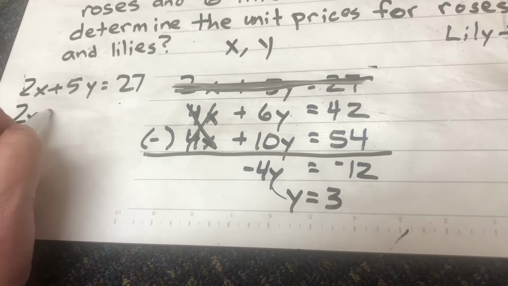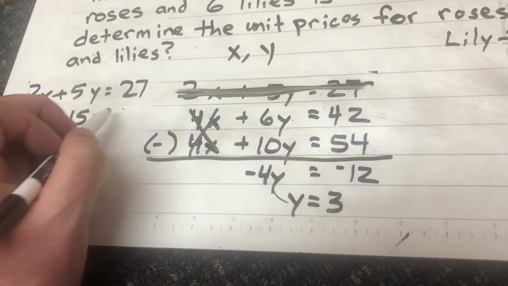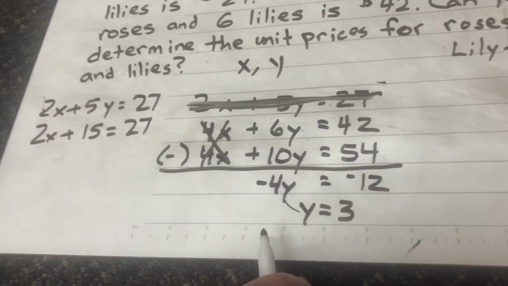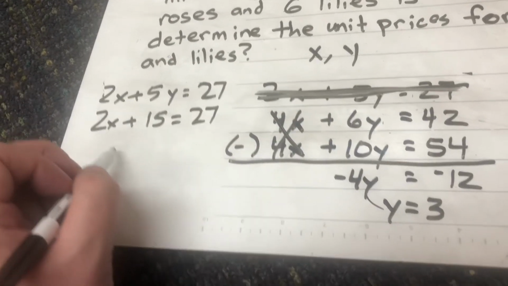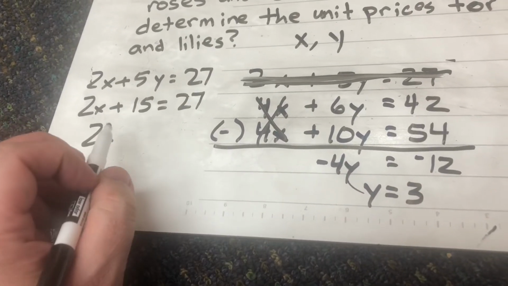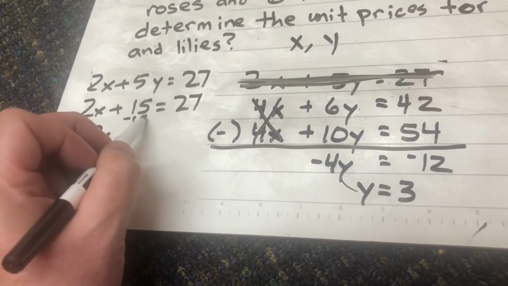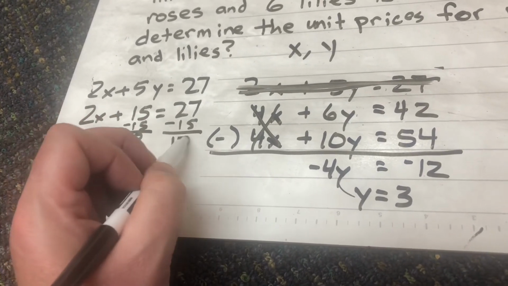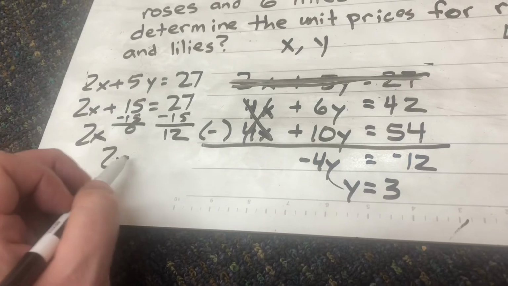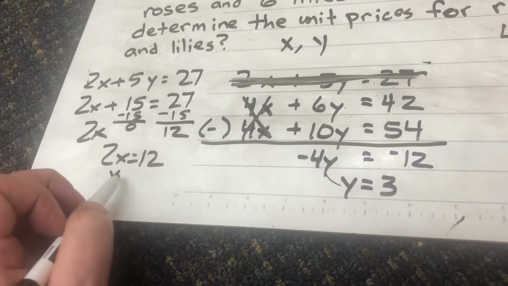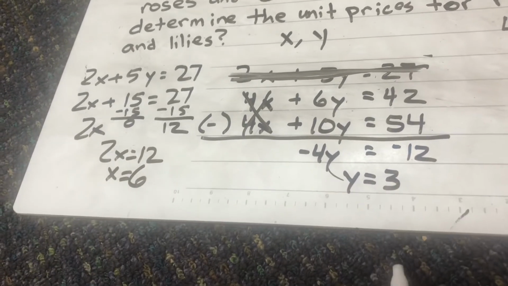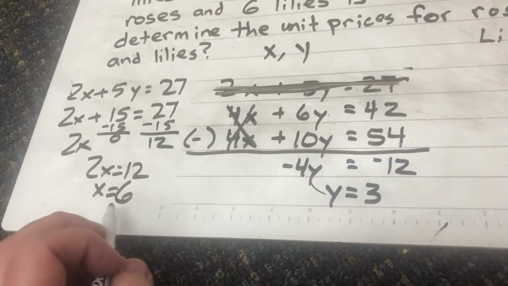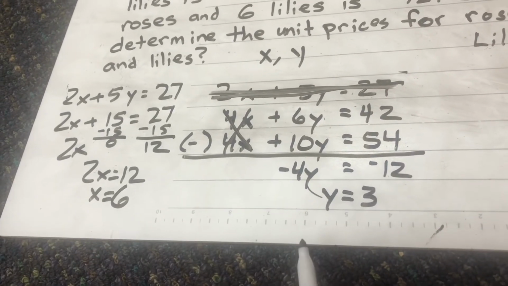So that tells me that 2x plus 15 equals 27. Then to isolate 2x, I'd have to subtract 15 from both sides. Minus 15 there, minus 15 there, that's 12. That tells me that 2x equals 12, x equals 6. That tells me that the cost of a rose is $6.